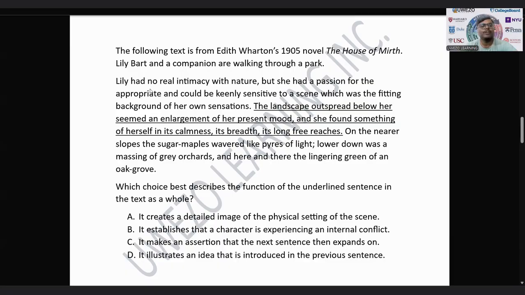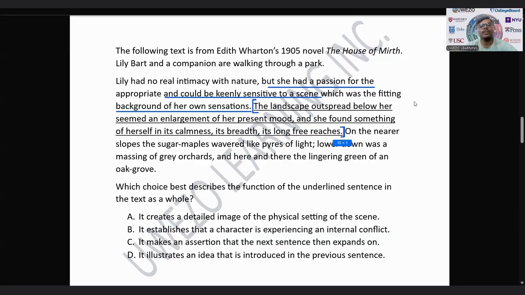Okay, so look at the first sentence here. Lily had no real intimacy with nature, but she had a passion for the appropriate and could be keenly sensitive to a scene which was the fitting background of her own sensation. And then we start explaining that part from the underlined sentence.